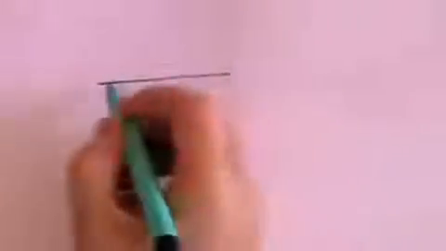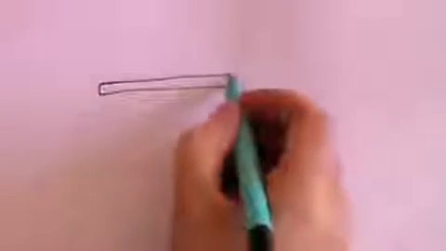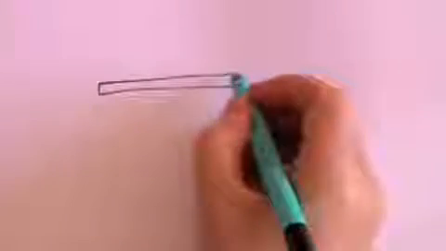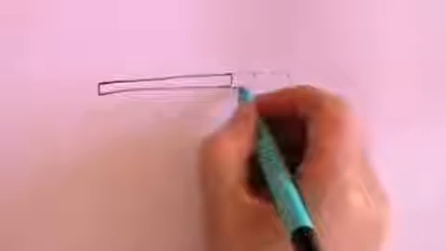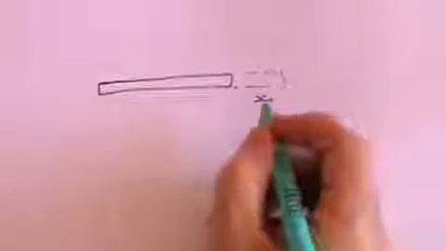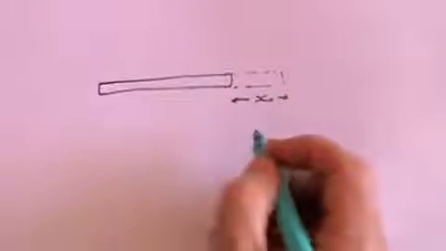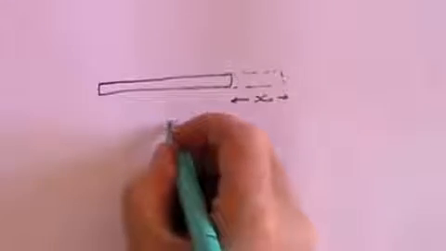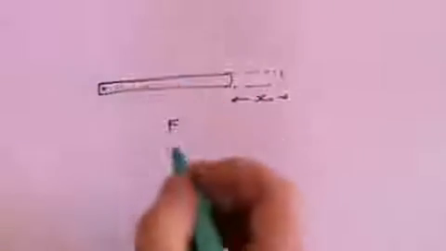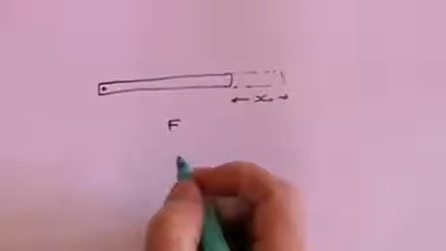Where you have a piece of material, let's say it's a piece of elastic, and you stretch it by an amount x, that's the stretch of the elastic. We'll assume that this end has been pinned, so it's fixed.